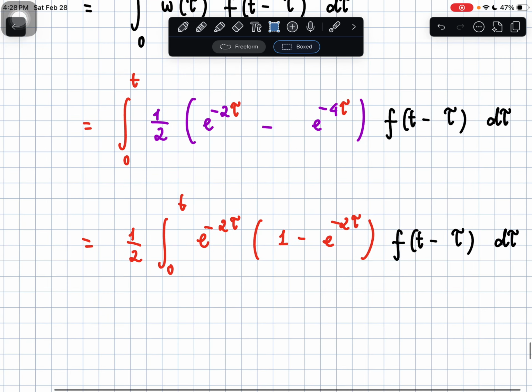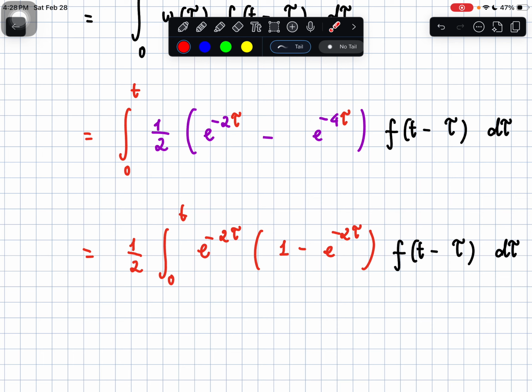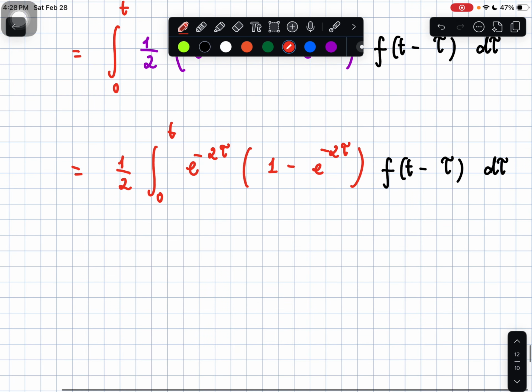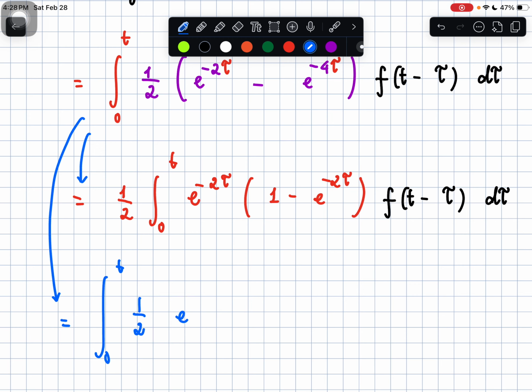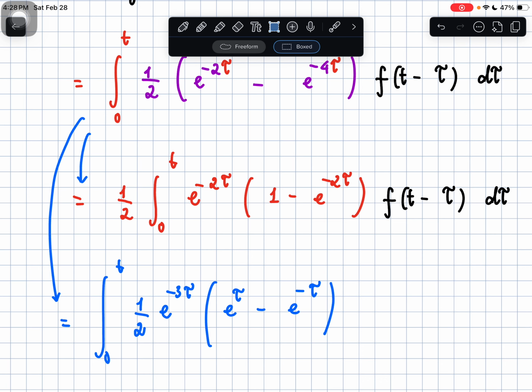I can also write the solution with a hyperbolic sine. So I can also group it. Another way to group it is the integral from 0 to t of 1/2, still there, e to the minus 3 tau, and inside you have e to the tau minus e to the minus tau, and the rest.